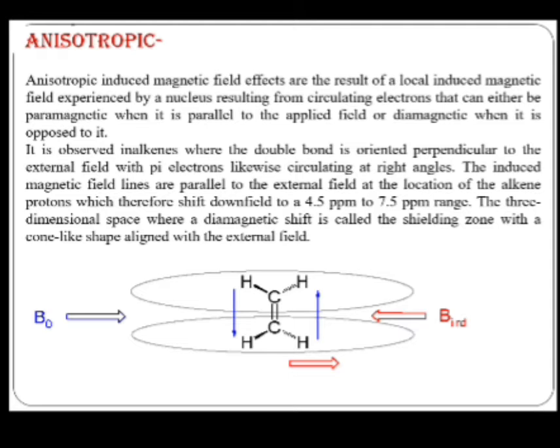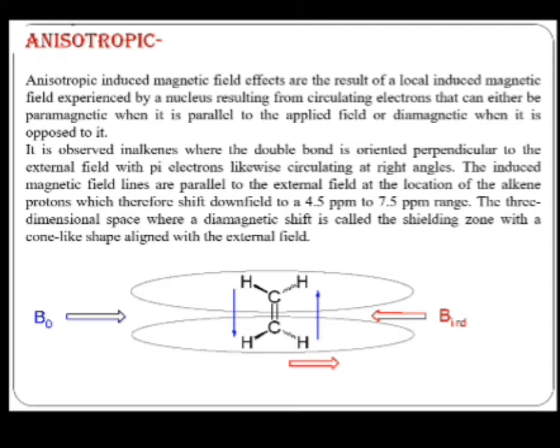It is observed in alkene, where the double bond is oriented perpendicular to the external field, with pi electrons likewise circulating at right angles. The induced magnetic field lines are parallel to the external magnetic field.